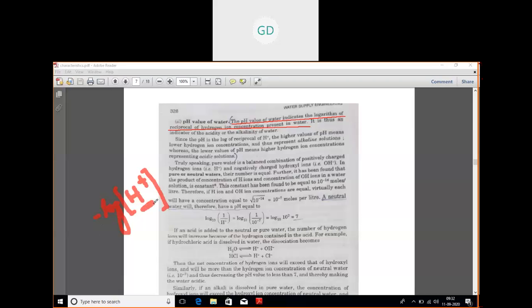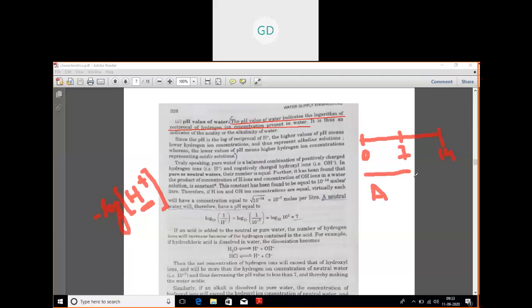Basically we have a scale for pH, from 0 to 14, and in between we have 7. When the pH is between 0 and 7, the water sample is said to be acidic.